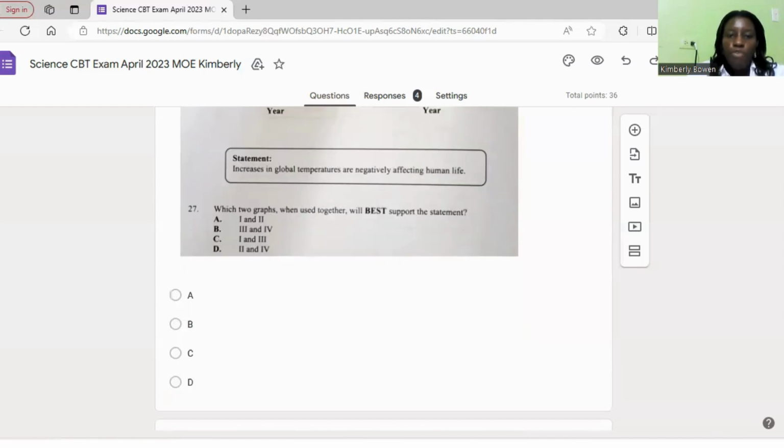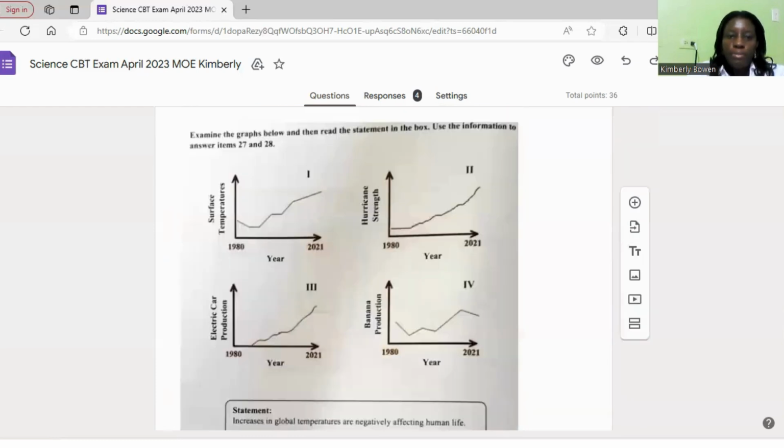Which two graphs, when used together, will best support this statement? Let's examine the graphs. Surface temperature starts in 1980 to 2021. And we have also hurricane strength. And we also have electric car production and banana production.